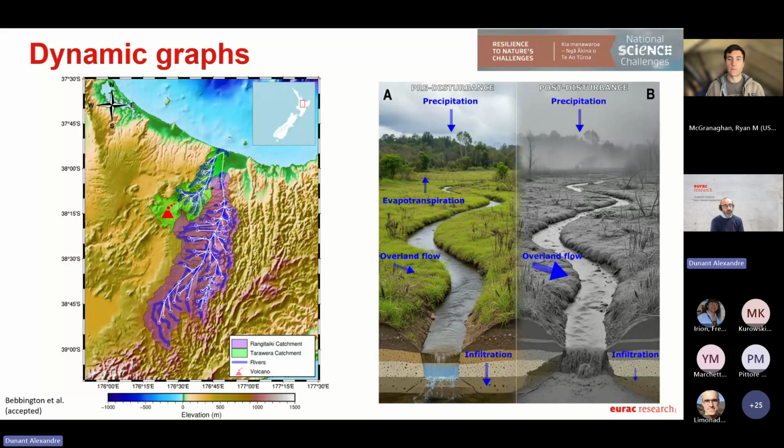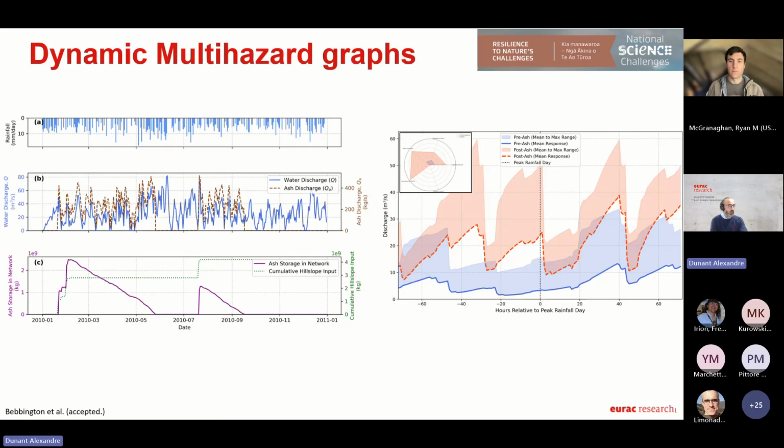As you can see on the right, with pre-disturbance and post-disturbance, so post-volcanic eruptions, the overland flow increases and the infiltration decreases, and we built a model that was fully dynamic on a daily scale to see what would be the impact.